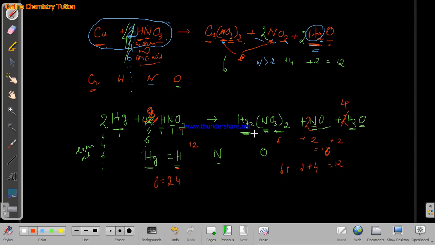So our nitrogen number will be 2 and 2, 4. So we have to bring nitrogen number higher. To bring nitrogen number higher, what will we do? You will exceed this portion and exceed this portion. Okay.